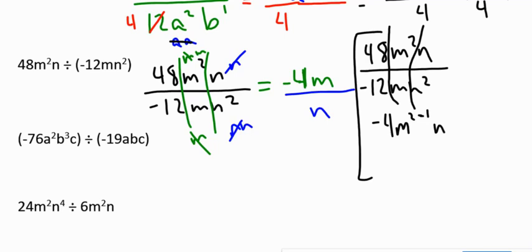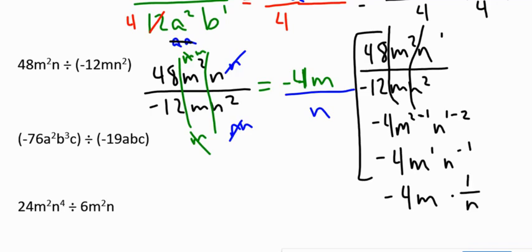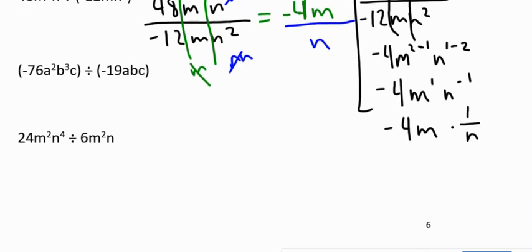Then I have n to the 1 minus 2. Right? Remember, there's an invisible 1 right there. So if we simplify this, I have negative 4, m to the 1st, n to the negative 1. So I have negative 4, m to the 1st is the same as m. And a little review for those of you who have been with me this semester, n to the negative 1 is the same thing as 1 over n.